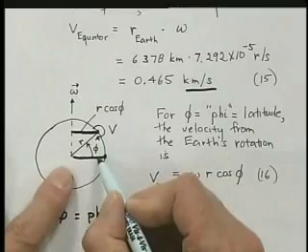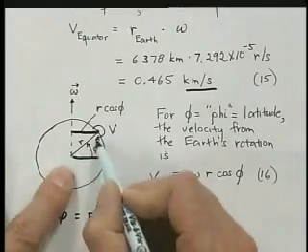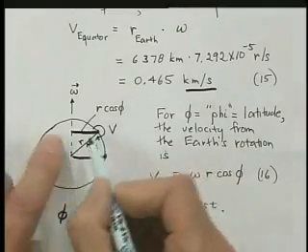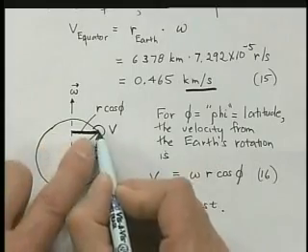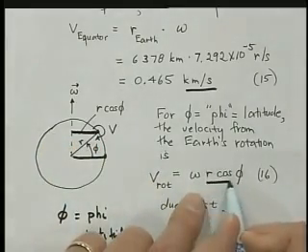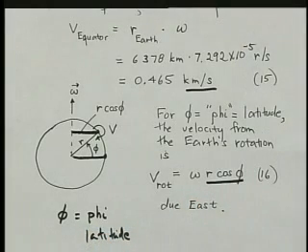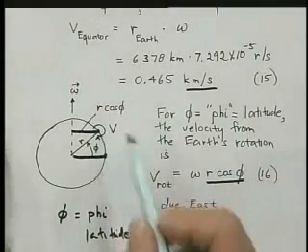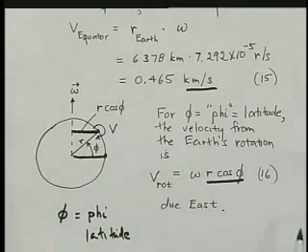Or if we take this R and project it down onto the equator, it'll be R cosine phi. So we take that up here as well. And now we have R cosine phi times omega. So instead of just R, we have R cosine phi. And so we don't get quite as much speed out of the Earth's rotation by being up there at 28.5 degrees latitude at Cape Canaveral.